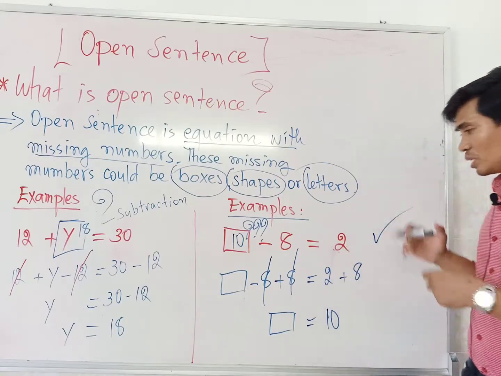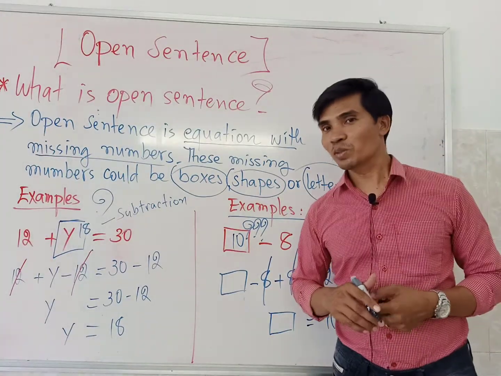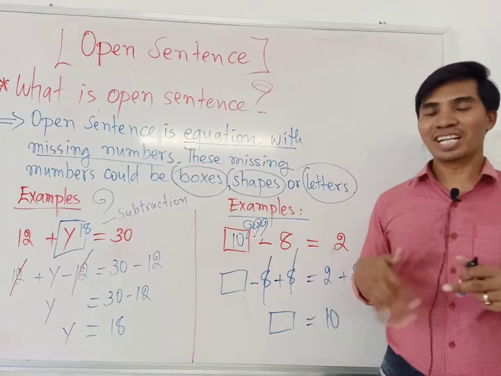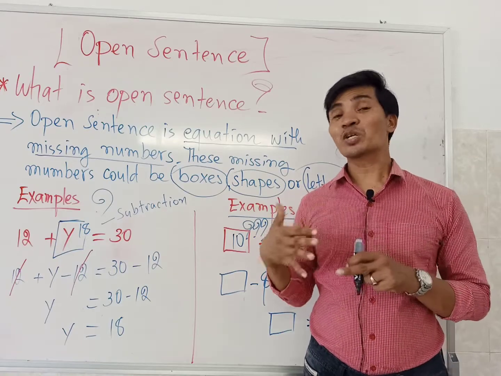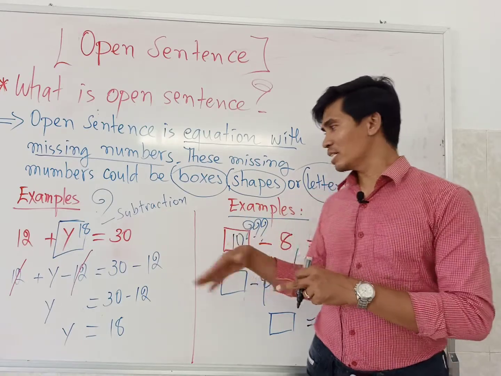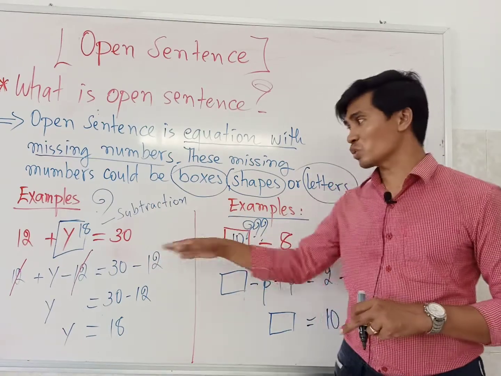So the lesson comes to an end. I hope you understand this lesson about open sentences, and that you can calculate the missing number on these two sides.